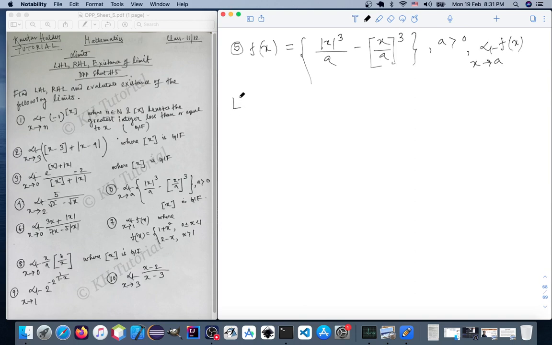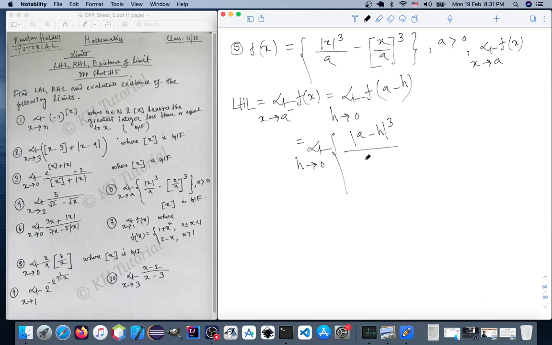Let's see what is LHL. LHL is limit x tending to a minus f(x). This equals limit h tending to 0 f(a minus h). This equals limit h tending to 0 of mod of a minus h cube divided by a minus box of a minus h by a whole cube.